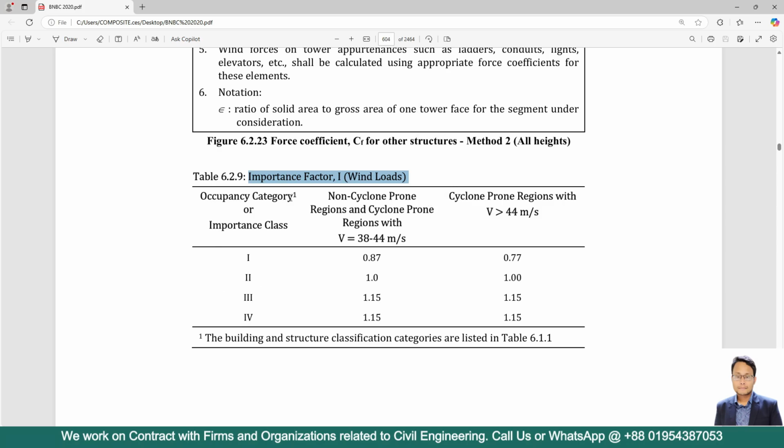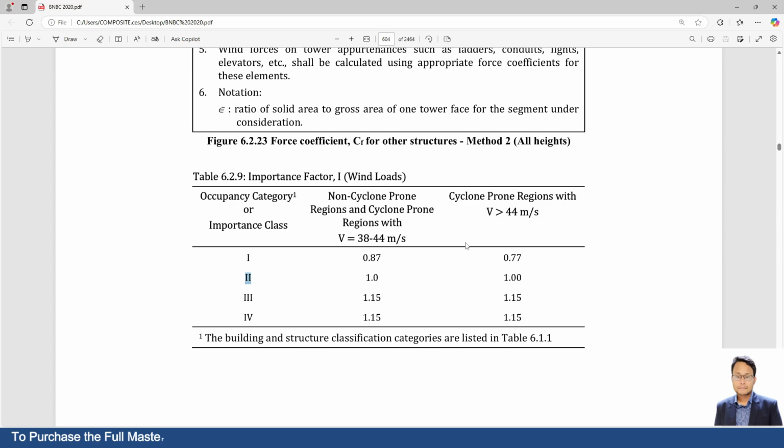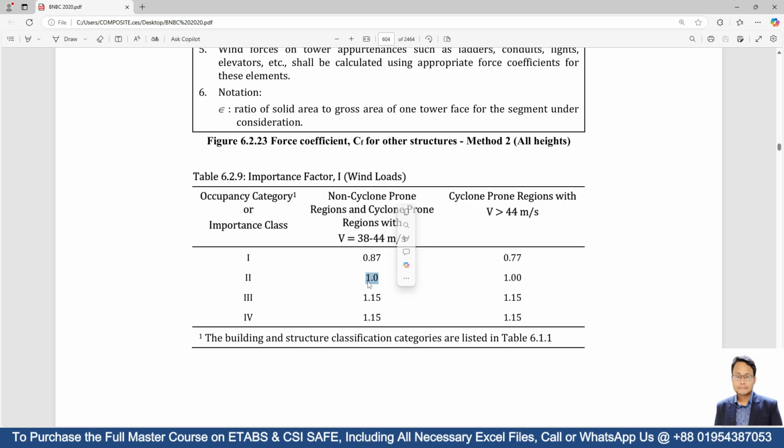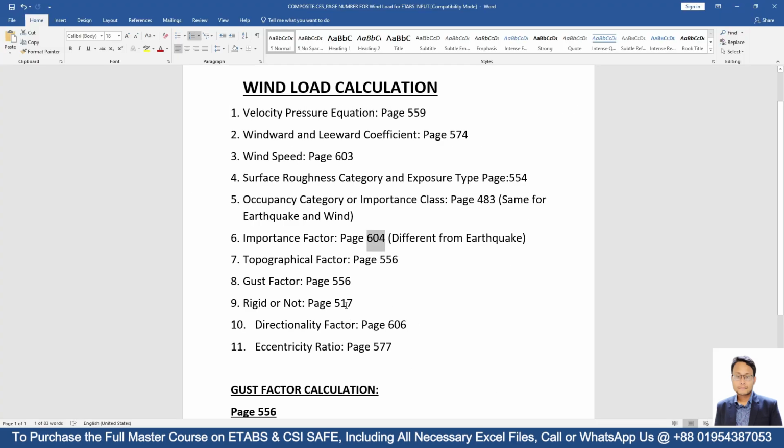Here the occupancy category of our structure is 2, and this structure is located in non-cyclone prone regions. That means we have to take the value of importance factor, which is 1. Next, go to topographical factor, that means 556.